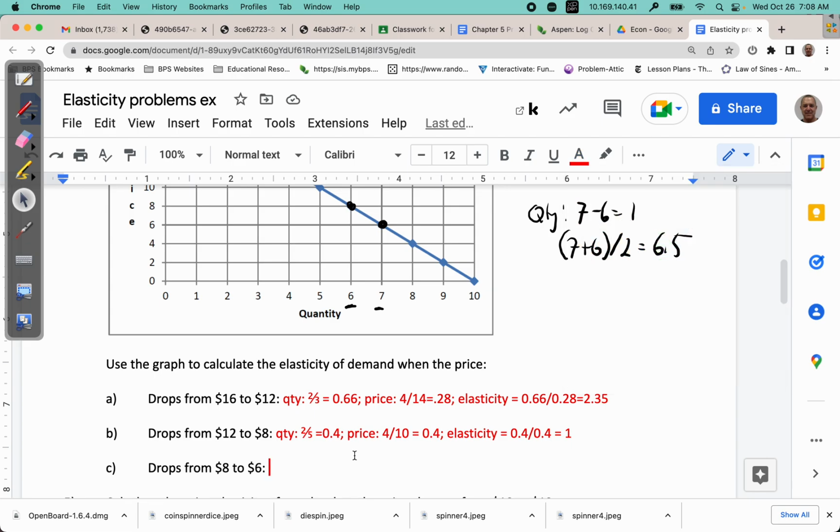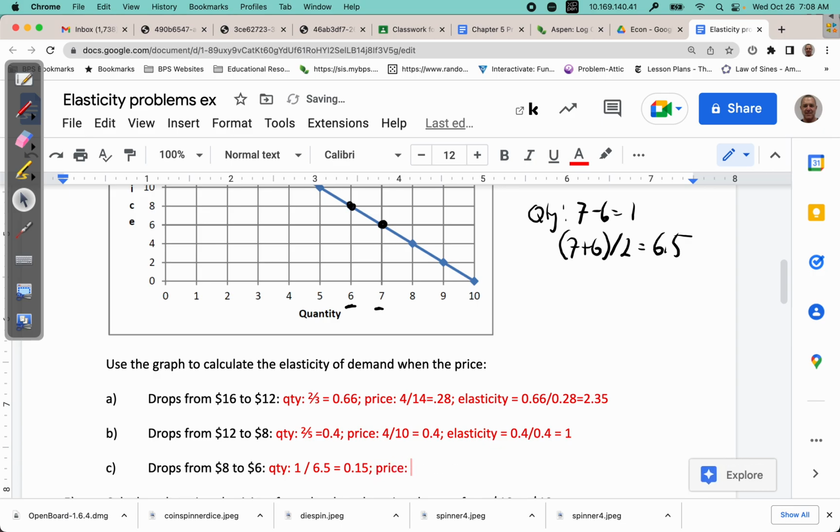Quantity. It's 1 out of 6.5. 1 divided by 6.5 equals about 0.15.